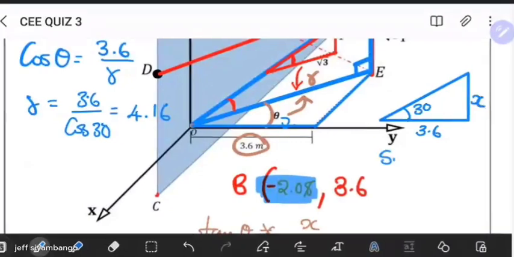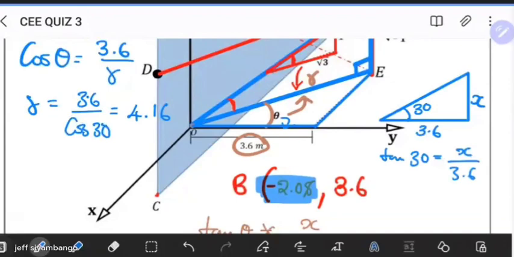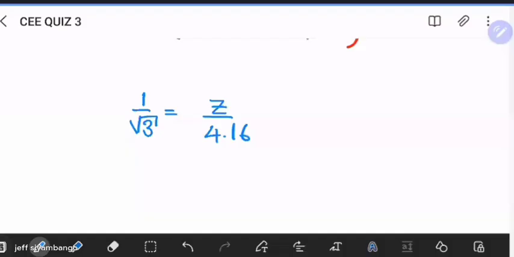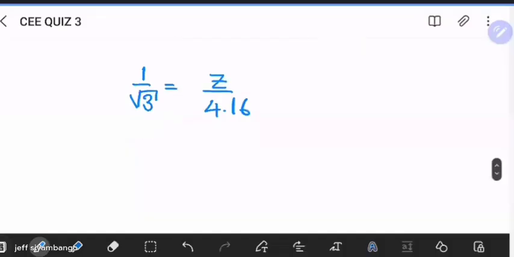So we did tan 30 equals the opposite, which is x, over 3.6. This is how we got that. Have you got that? From here, now just work out Z.